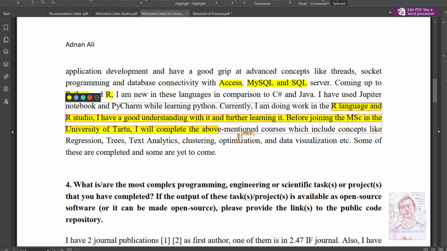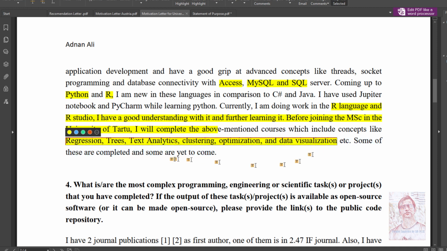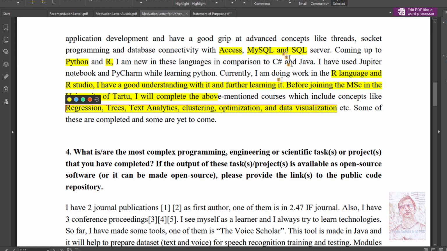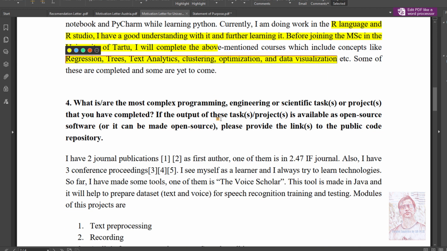And I also mentioned some specific concepts, like regression, text analysis, clustering, optimization, and data visualization. These are all related to data science. So in this paragraph, I explained how this is useful in my data science application.